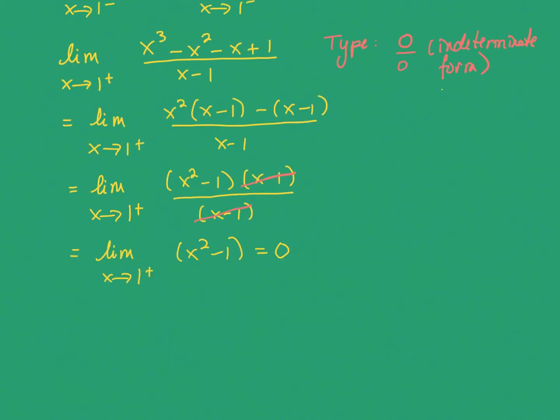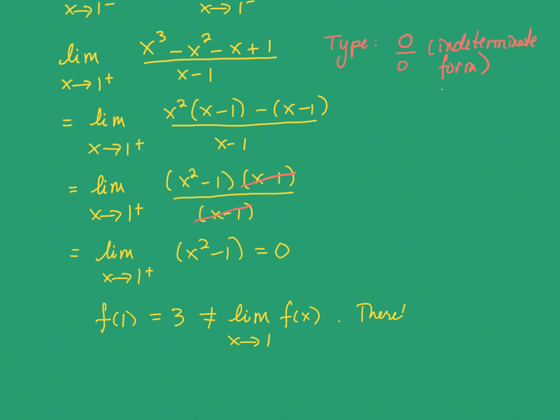All right, so let's write that down. f of 1 is 3, and that's not 0. That does not equal the limit as x tends to 1. The right and left hand limits are equal, so I do have the limit as x tends to 1 of f of x.